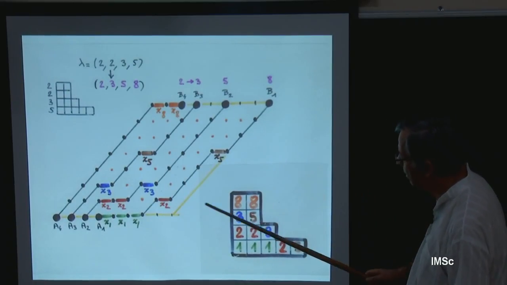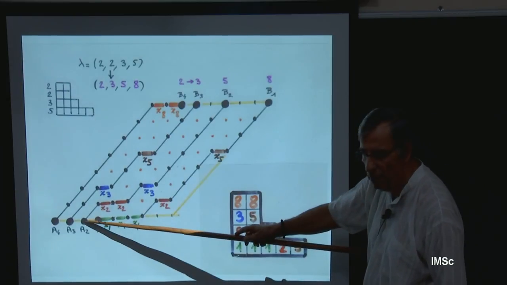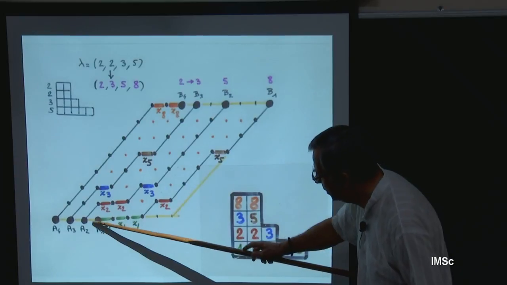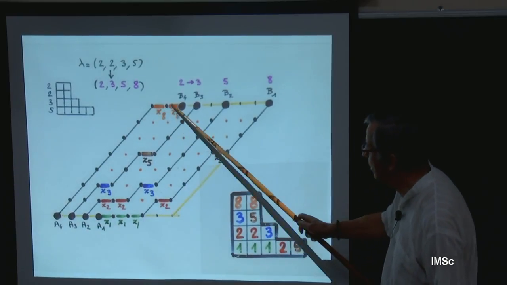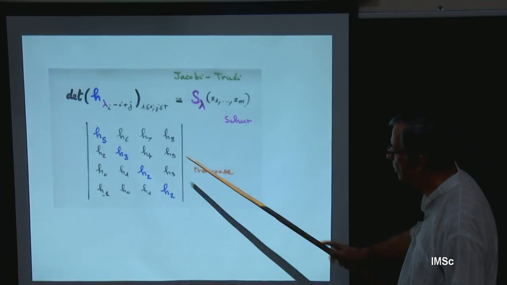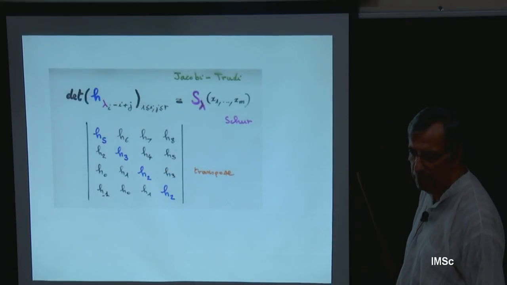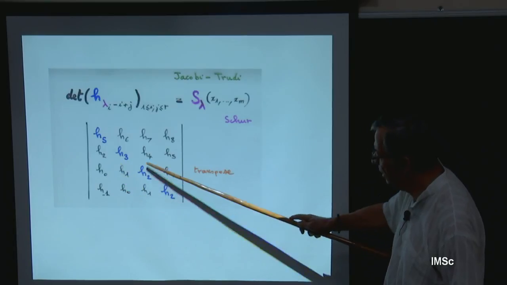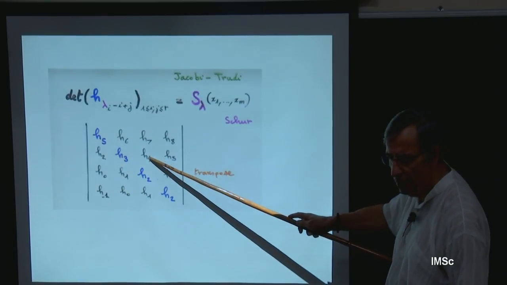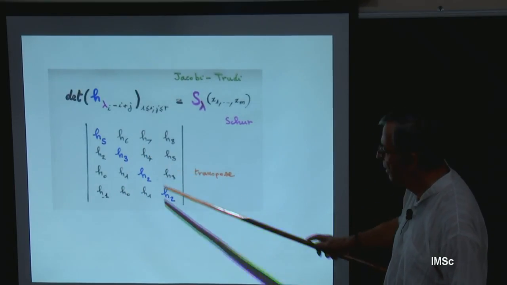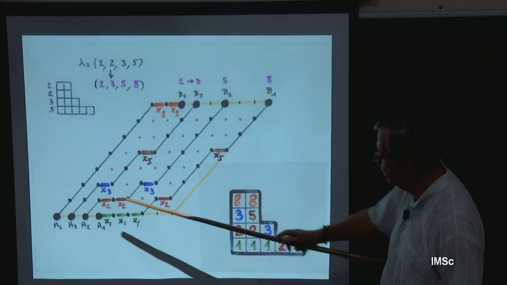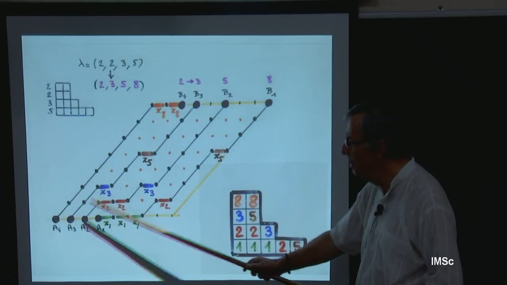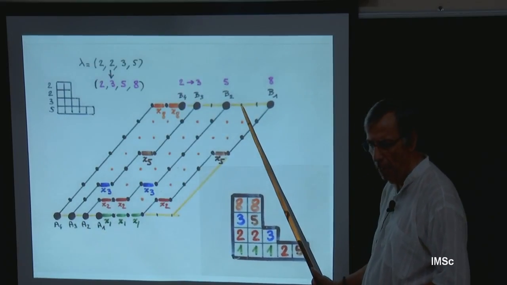And I claim that starting from any of these points A1, A2, A3, or A4, and ending in any of these points is exactly the coefficient in this matrix. The term ij of this matrix is exactly the sum of the weights of all the paths starting from Ai and ending in Bj.